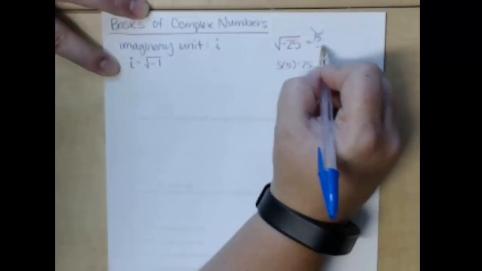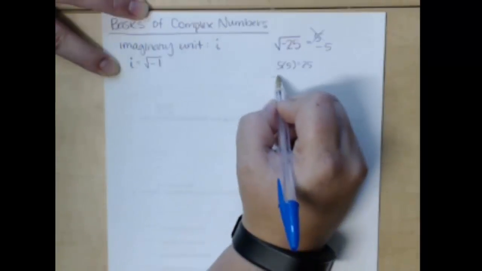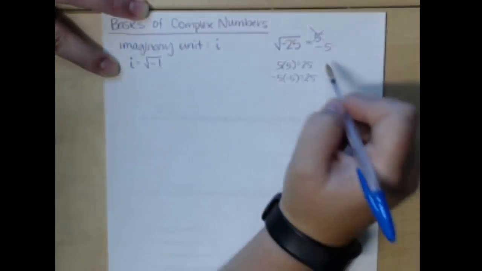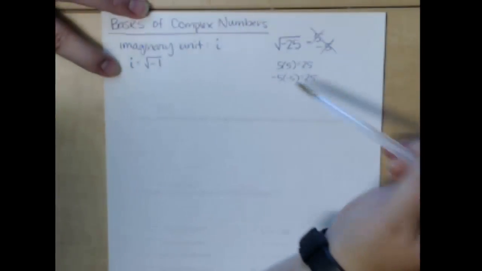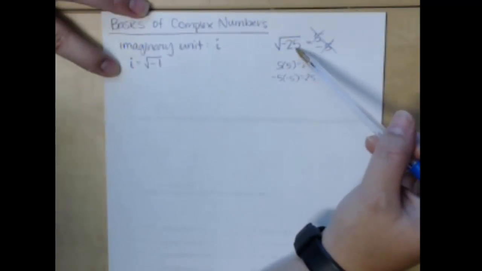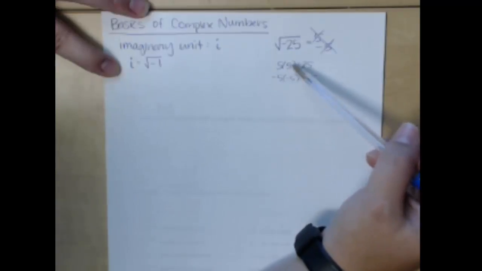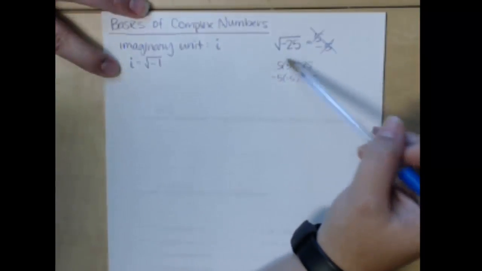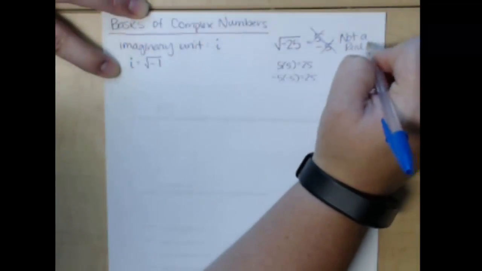And we can't say it equals -5, because -5 times -5 equals +25. So when we're dealing with square roots, there's no way to multiply two copies of any given number together and come out with a negative, because a positive times a positive is positive and a negative times a negative is positive. So this is not possible. All we could ever say is that this is not a real number.